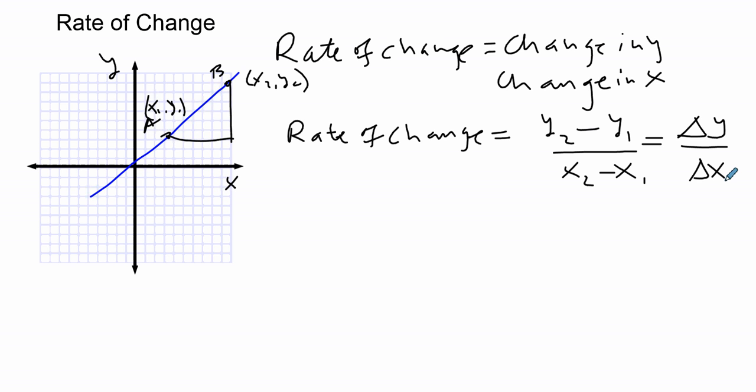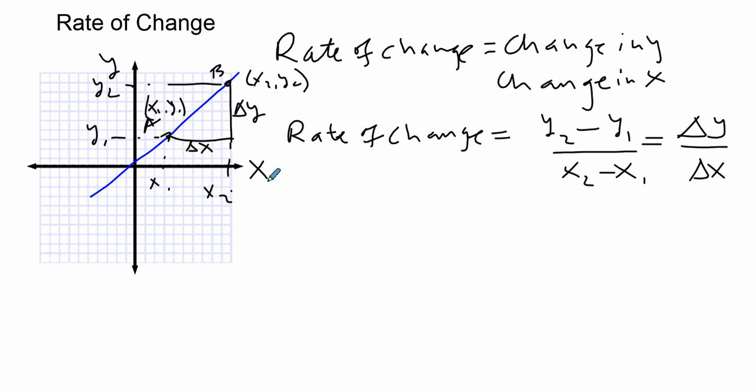So slope, which is the rate of change, is equal to y2 minus y1 over x2 minus x1. This is change of y, and this is change of x, because this one is x1 and this one is x2, and this one here is y2 and this is y1. So you have change of y over change of x.